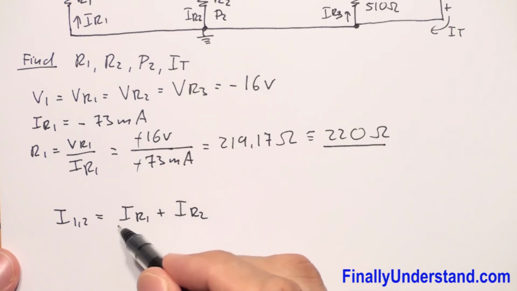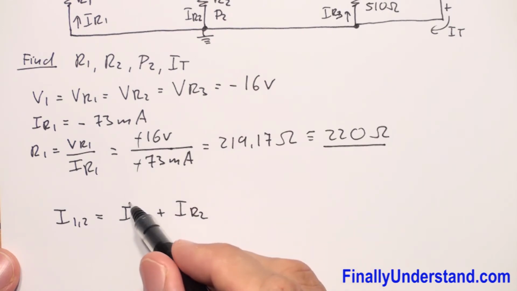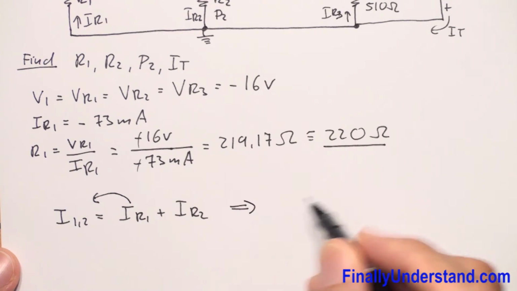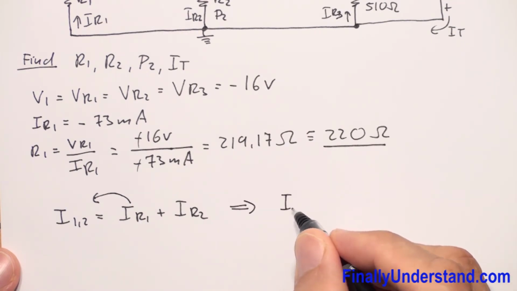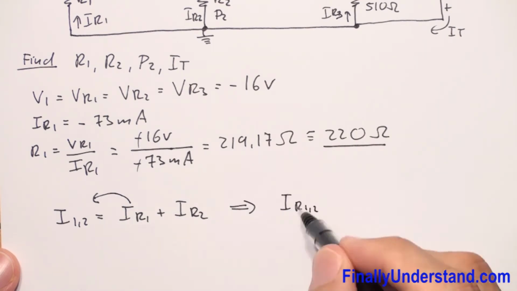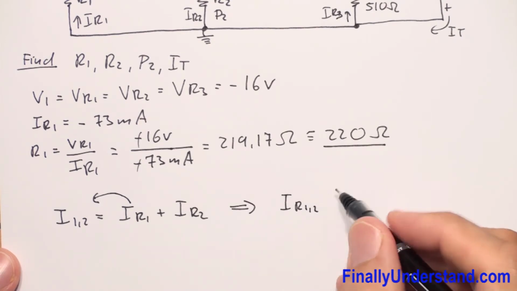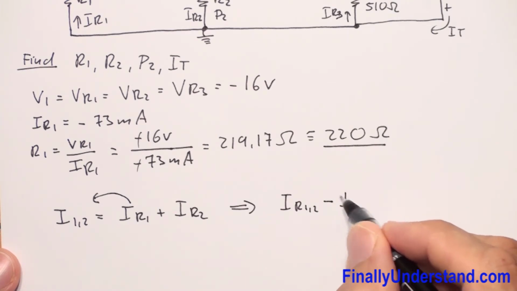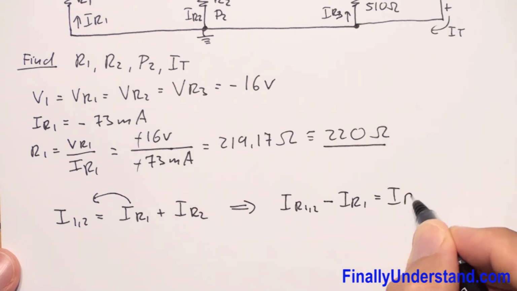But let's solve this formula first for IR2. So I'm going to move it to the left side, and I'm going to have something like this. I12, or IR12, is the same thing in this case, and we're going to subtract from it IR1, and this is going to give me IR2.